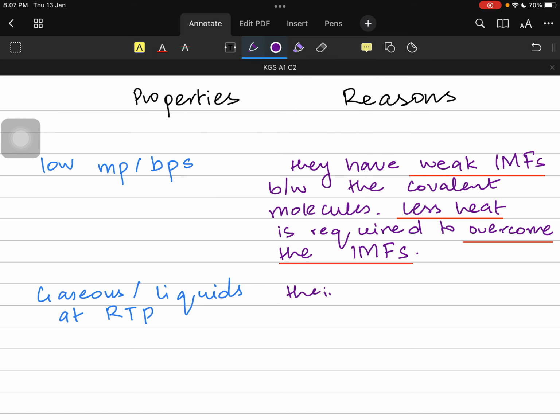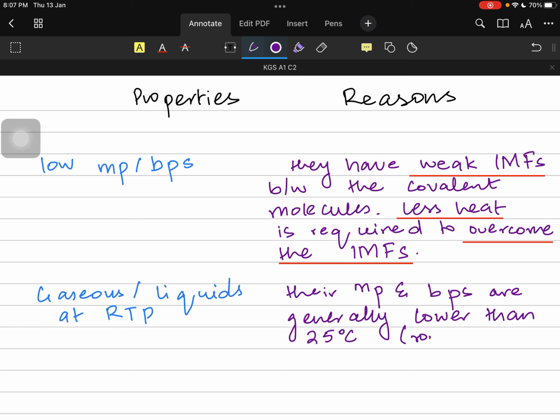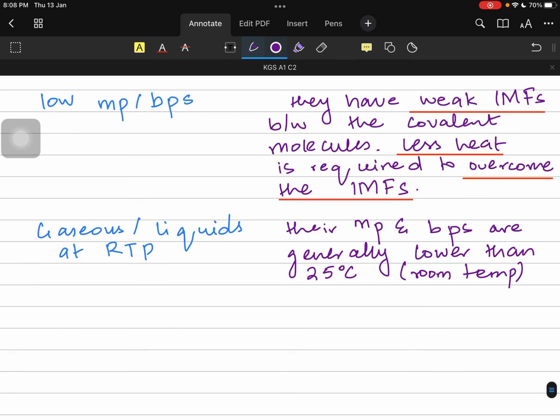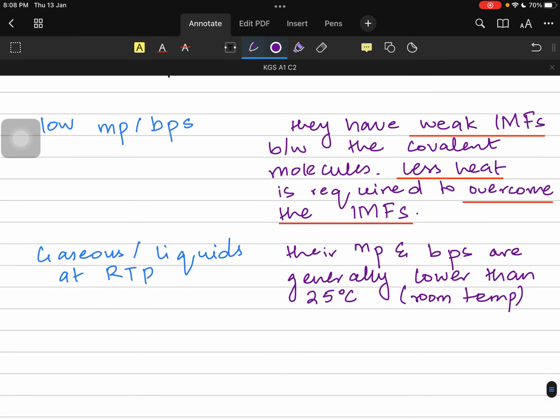We just mentioned that their melting and boiling points are generally lower than 25 degrees Celsius, which is normally room temperature. So obviously if the melting point and boiling point are both lower, it's going to be a gas or liquid at room temperature. Water has a slightly higher boiling point, that's why it's liquid, not gas, but generally other substances are gaseous at room temperature.